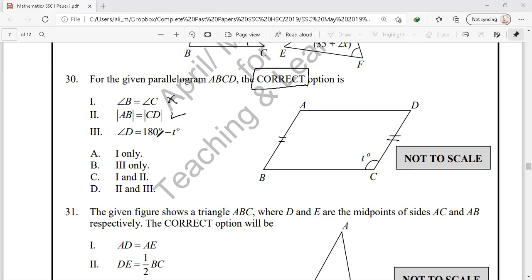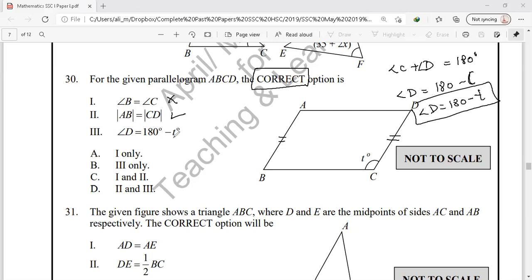And angle D is equal to 180 minus T. Angle C plus angle D will be equal to 180, so angle D is equal to 180 minus angle C. The value of angle C is T, so 180 minus T will be angle D. So option 3 is also correct. So for question number 30, the correct option is option D, that is 2 and 3. Both statements are correct.